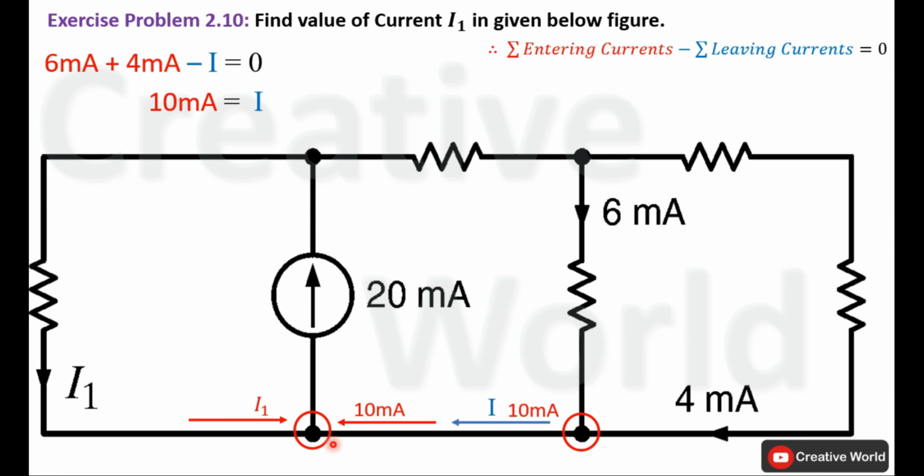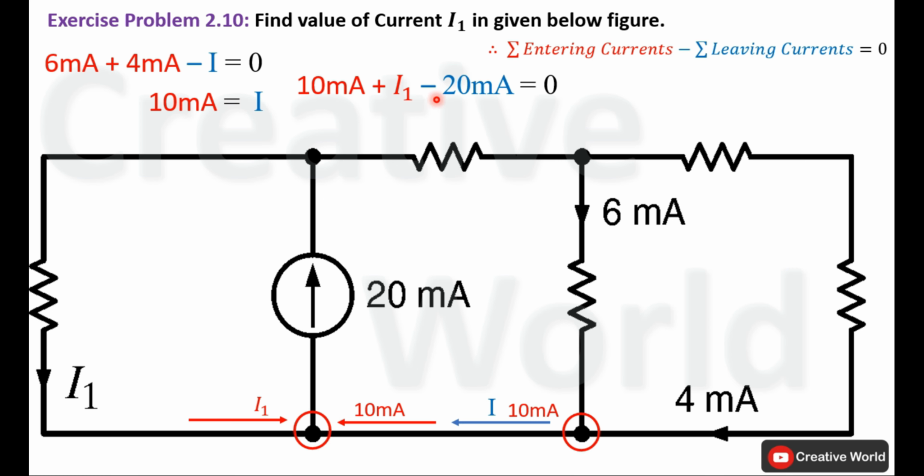Now we will implement Kirchhoff's current law on this node and write its equation. On this node, two currents are entering, 10 mA and I1. The 20 mA current is leaving from this node. We have written the Kirchhoff's current law equation for this particular node.